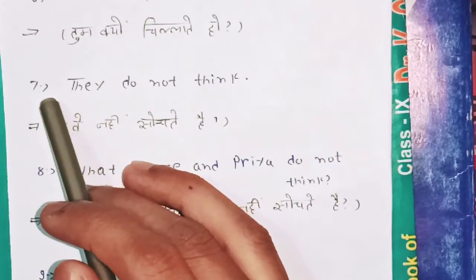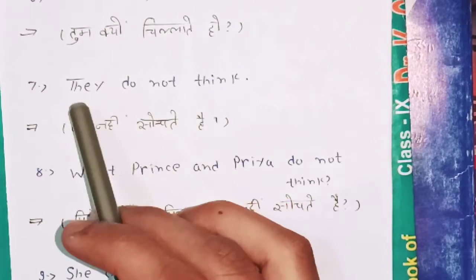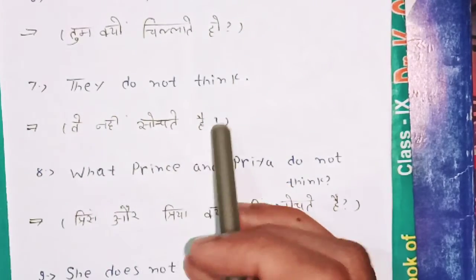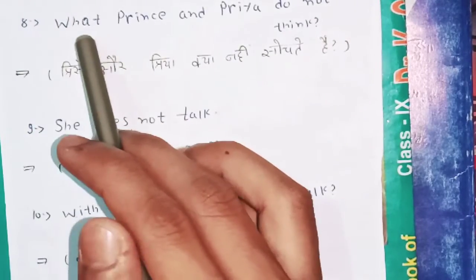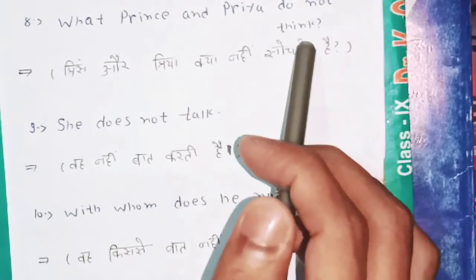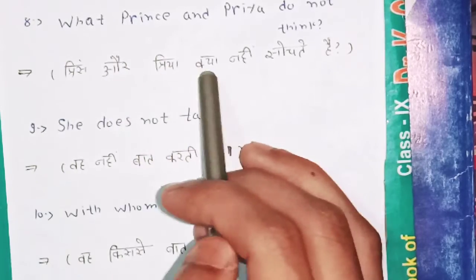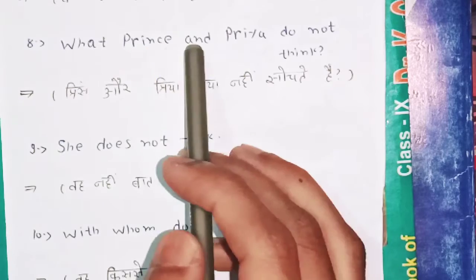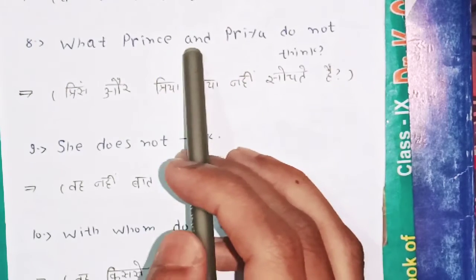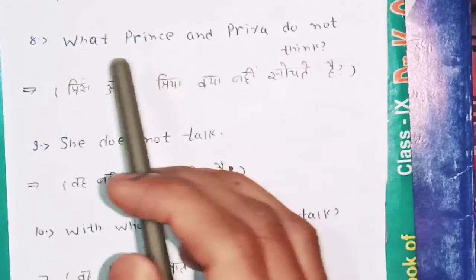Now the seventh sentence: They do not think, वे नहीं सोचते हैं. Here is the eighth sentence: Do Prince and Priya not think, क्या प्रिंस और प्रिया नहीं सोचते हैं. Please notice Prince and Priya come in plural subject, that is why do is used here.